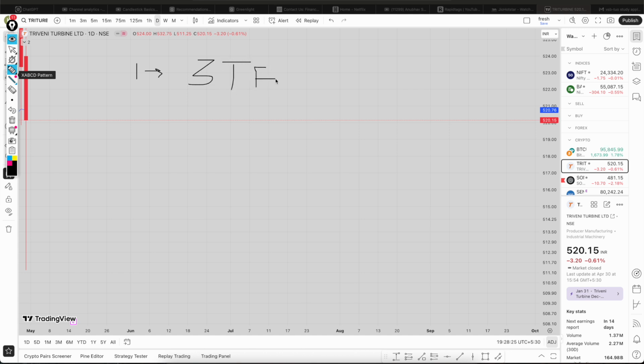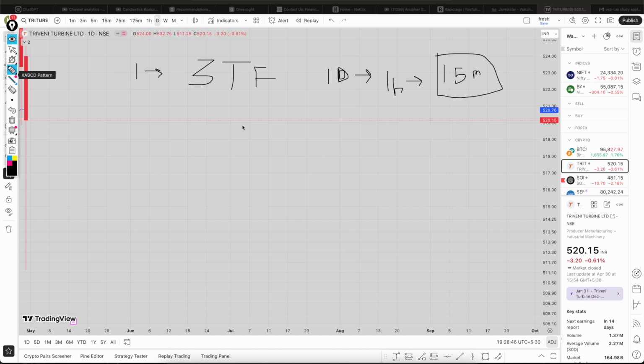So either 1 day, then 1 hour, then 15 minutes. So in this, 15 minutes will be our final zone from where we have to take our entry. This is D for day.